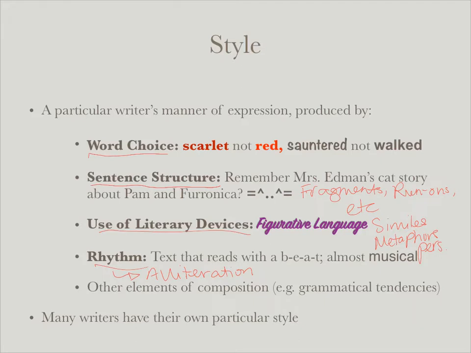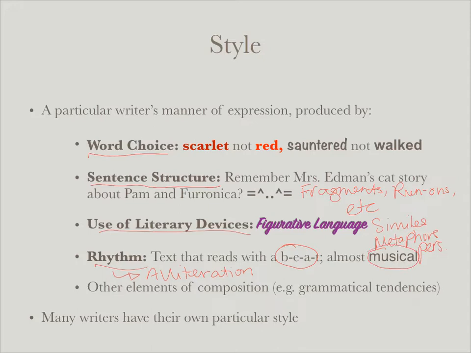Text that reads with any sort of beat, or text that sometimes you just read something that really flows well and you don't get caught up in weird words or words that are too long for the rest of the words that are around it. It's just a really fluid kind of text. That is its own rhythm, and we're going to find that in a lot of what Sandra Cisneros writes in this book. It has a beat, and it almost becomes musical.